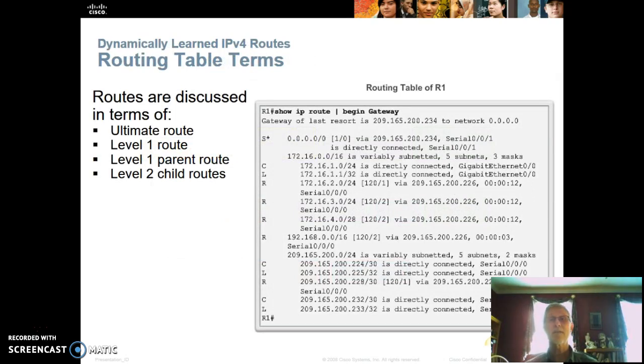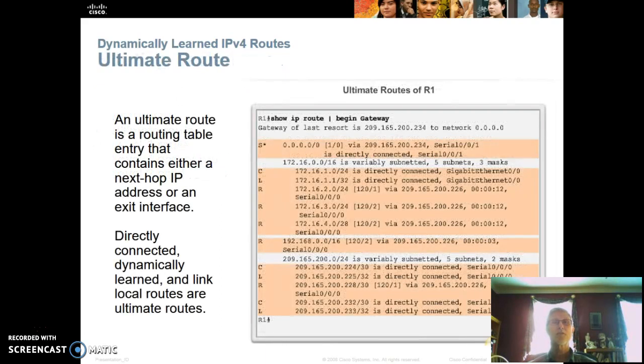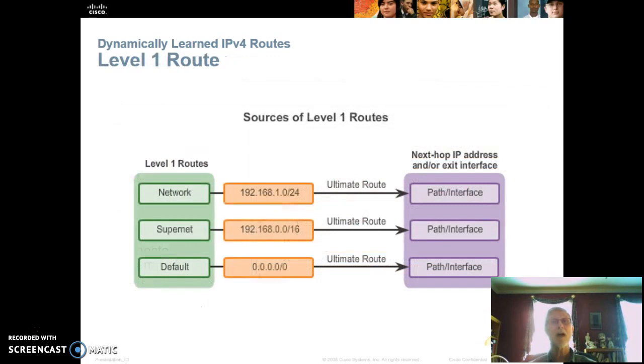Now, there are several different layers in this. So the ultimate route is in the routing table. That's the one that's either the next hop or next exit interface, and that's the one that everybody's going to try to go to first, because it's got the lowest administrative distance, the most trusted.